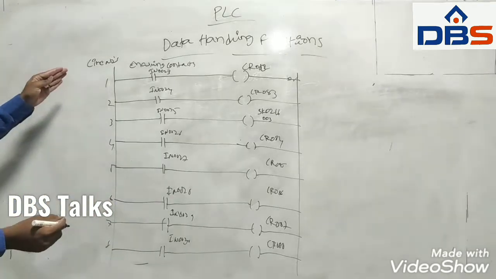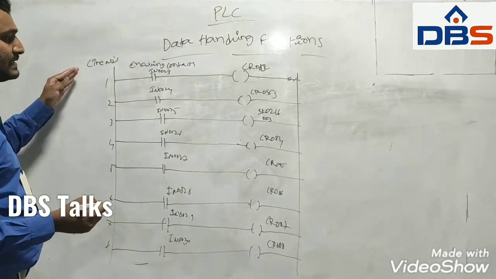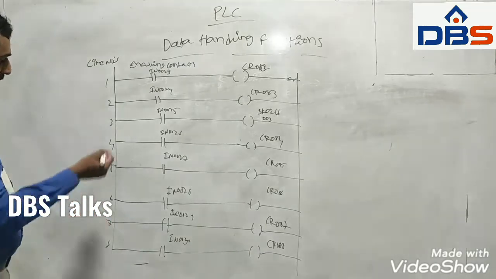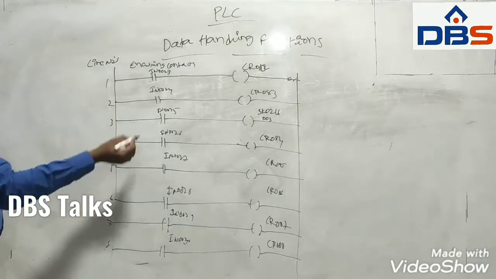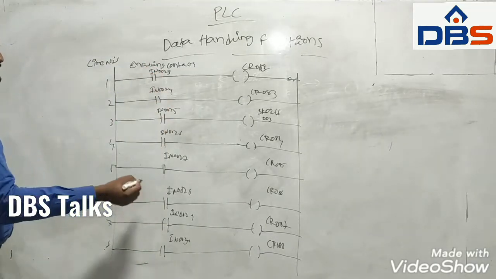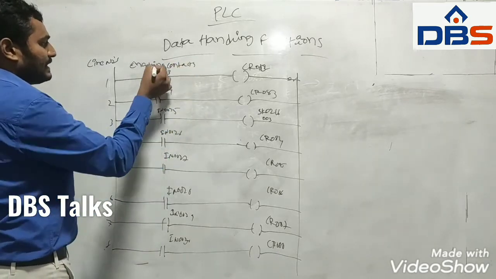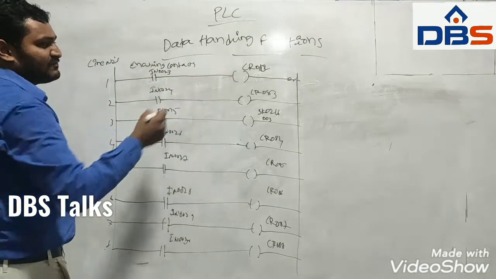Here I am taking one example of when the skip function is applicable to this program. I am taking some input lines. These are the enabling contacts, so when the enabling contact is on, the skip function is also performed.